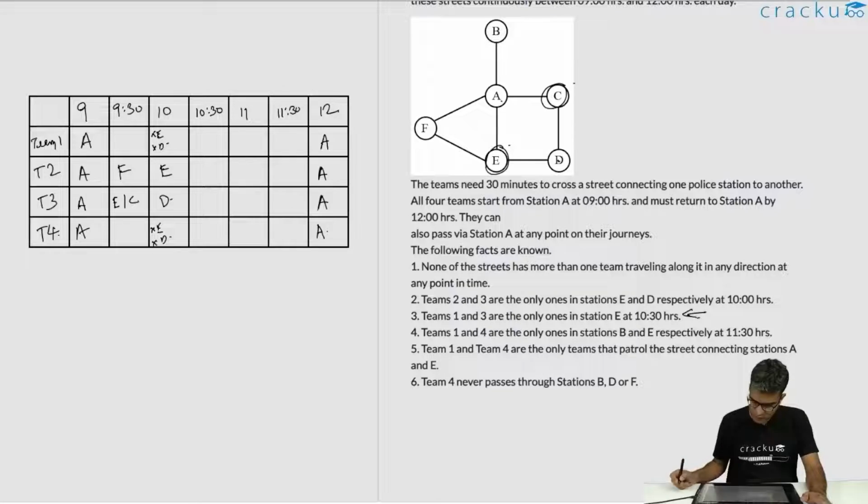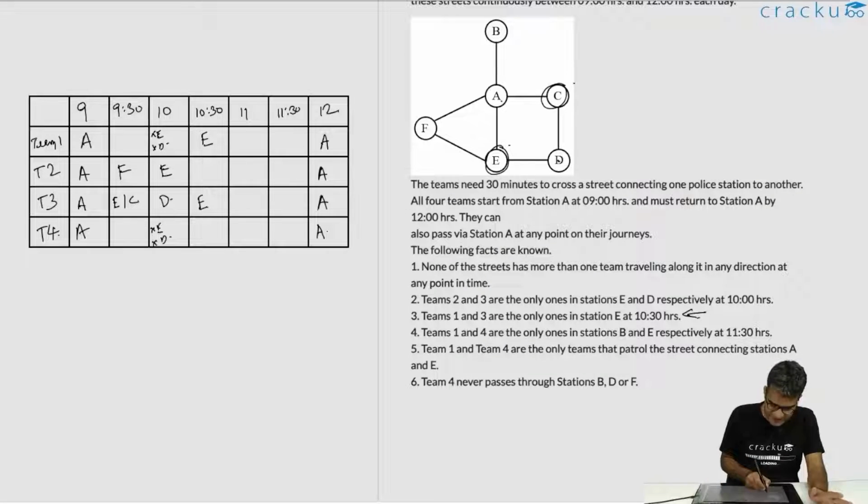Teams 1 and 3 are the only ones in station E at 10:30. So 1, this is E, and 3. Now we can immediately say that this guy will not be E over here, because team 3 is going from D to E from 10 to 10:30.